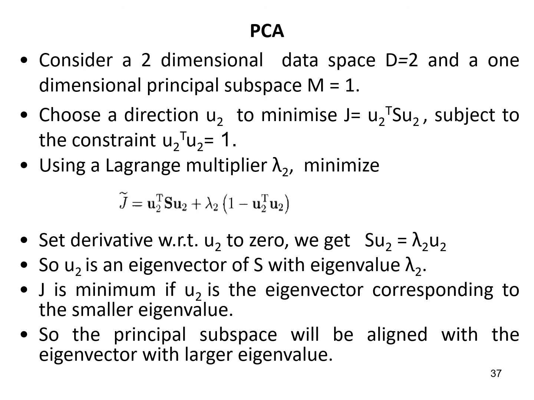Now using a Lagrange multiplier lambda 2, minimize J approximation equal to u2 transpose S u2 plus lambda 2 times (1 minus u2 transpose u2). Set the derivative with respect to u2 to 0, we get S u2 equal to lambda 2 u2. So u2 is an eigenvector of S with eigenvalue lambda 2. J will be minimum if u2 is the eigenvector corresponding to the smaller eigenvalue. So the principal subspace will be aligned with the eigenvector with the larger eigenvalue.